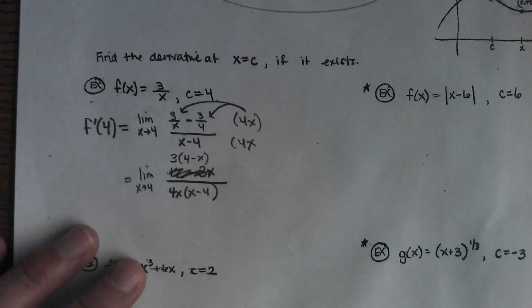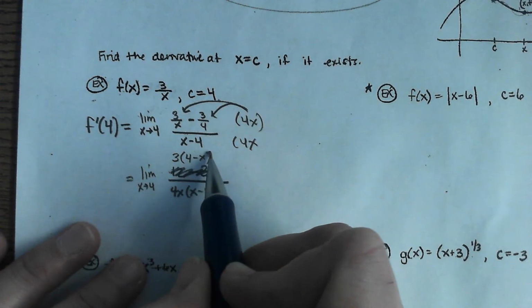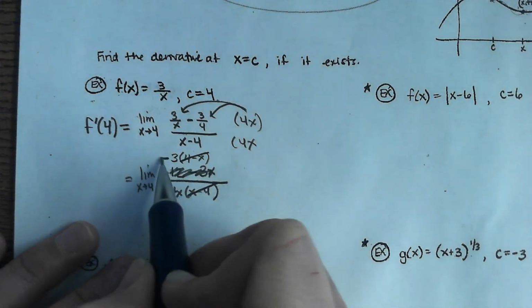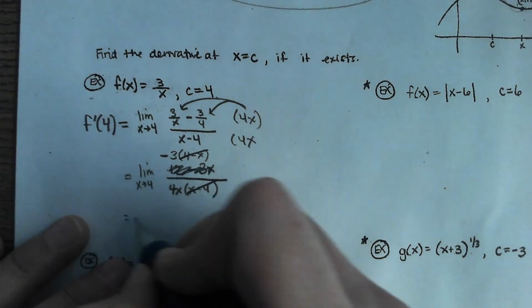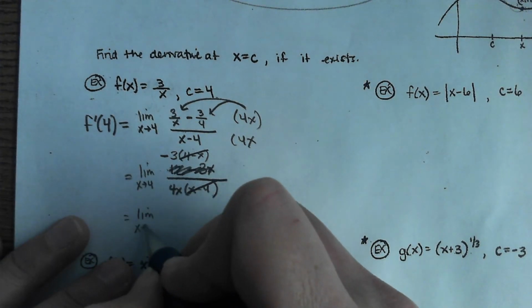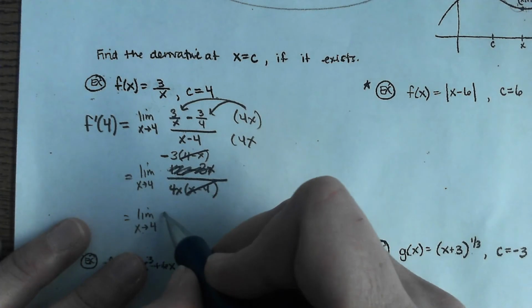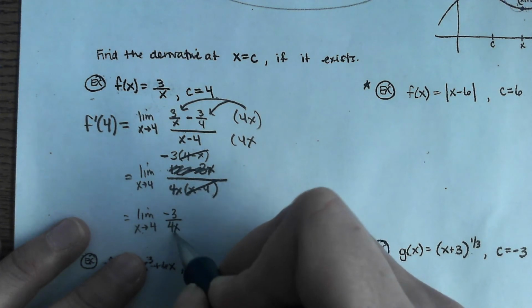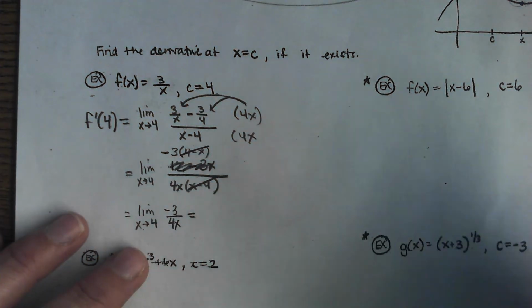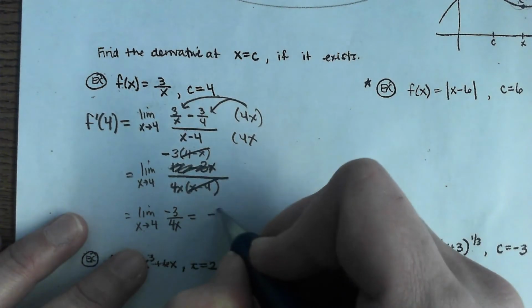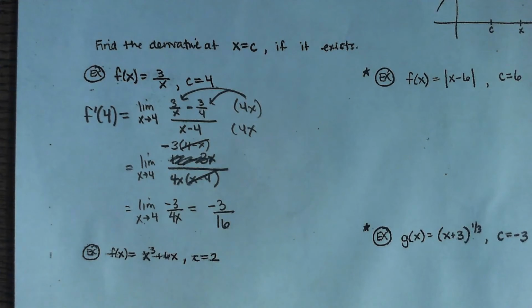Right, so I can cross those out and throw a negative in front. And now I'm just looking for my limit as x approaches 4 of negative 3 over 4x, which now allows me just to plug in 4. And I get negative 3 over 16.